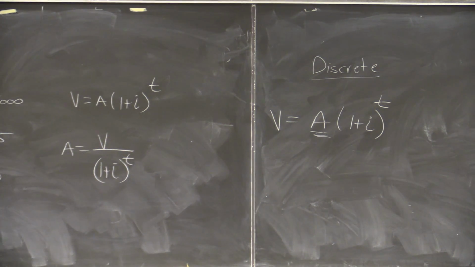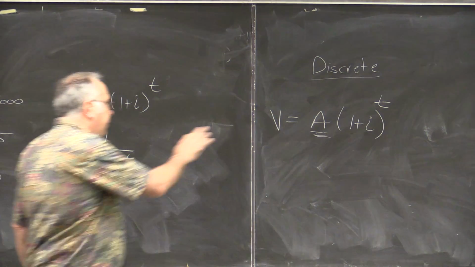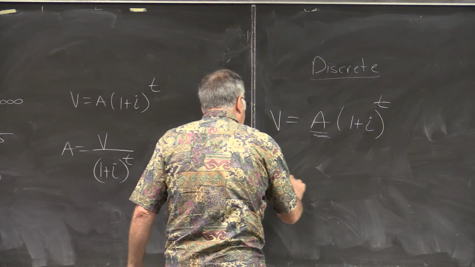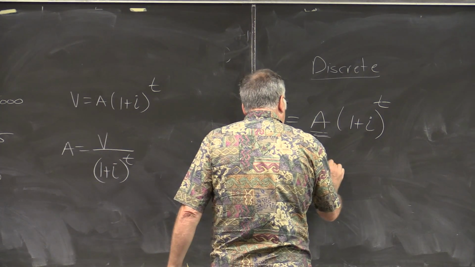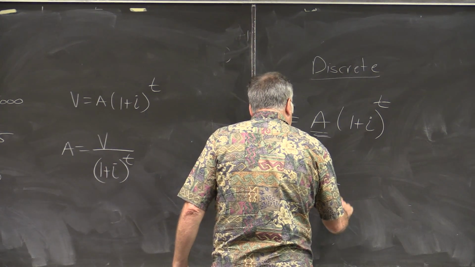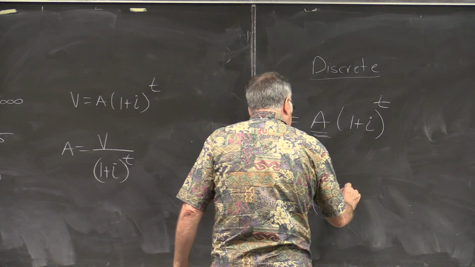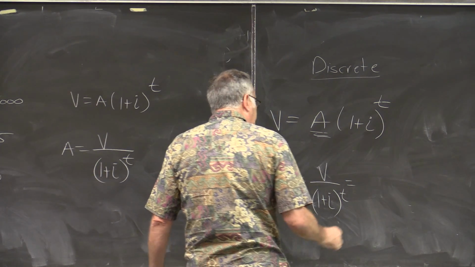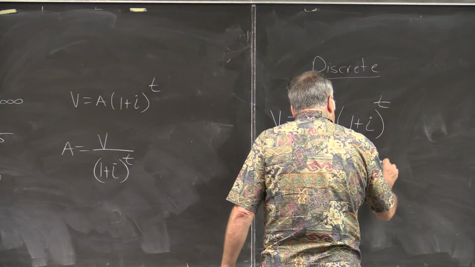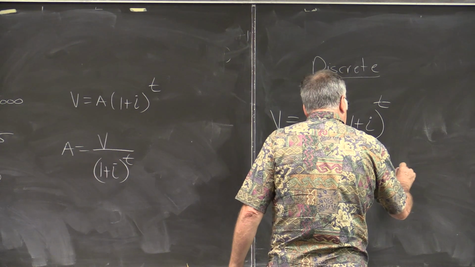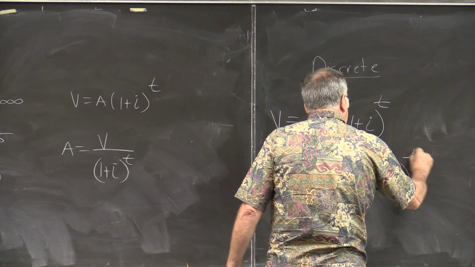Now this formula right here would be present value. So if we flip this formula around, if you want to solve for A, it's equal to V divided by 1 plus I raised to the T power. Or another way of writing it is V times 1 plus I to the minus T power.